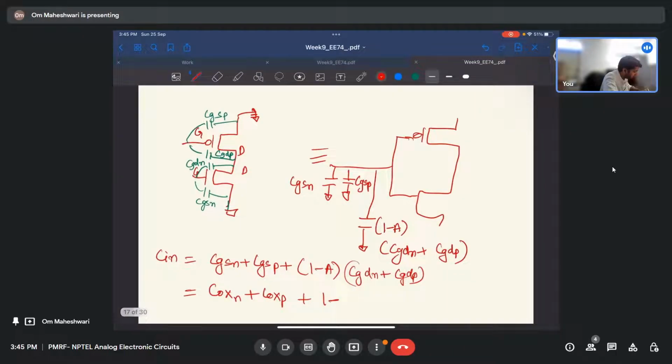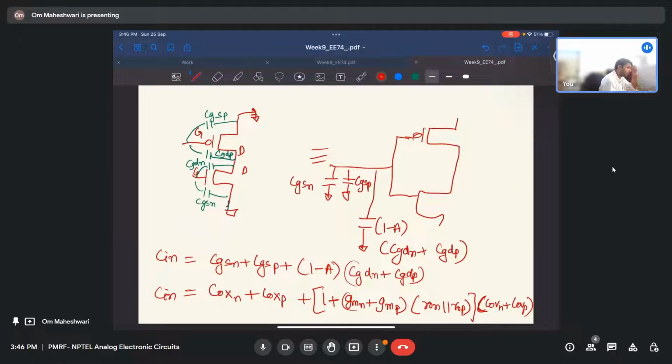So it will become 1 plus GMN plus GMP, into RON parallel ROP, multiplied by COVN plus COVP. So this is the final formula that you have to use for Cn, and we have to multiply Cox by the areas AN and AP, and the overlap terms by the widths WN and WP.